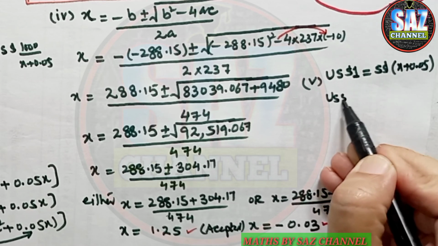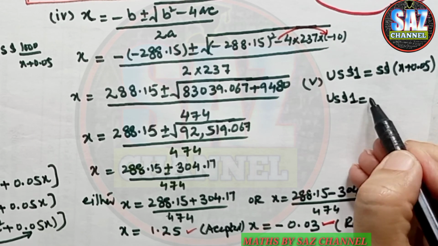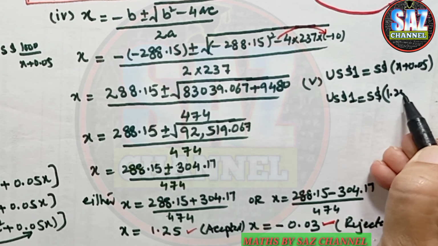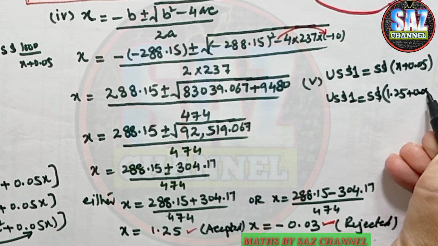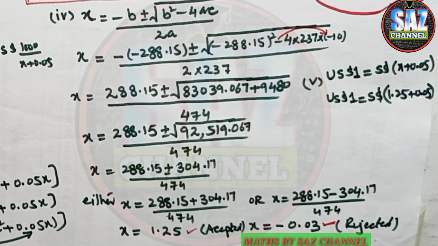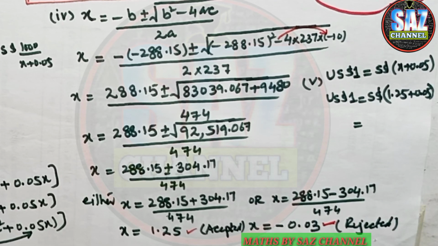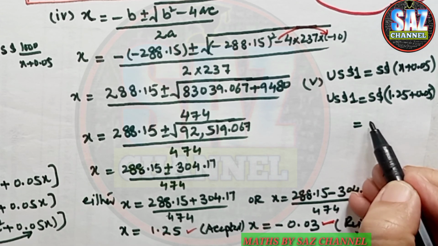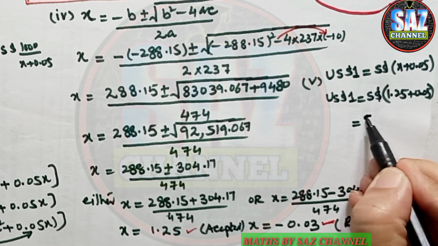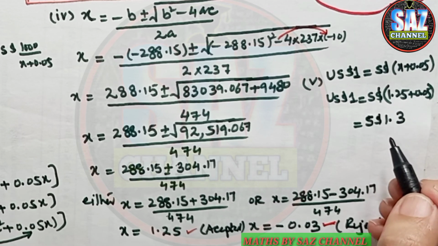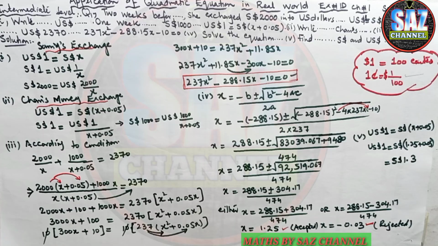So US dollar 1 will be equal to Singaporean dollar, x has a value 1.25 plus 0.05, and this is 1.3 Singaporean dollars. I hope you are clear about this question.